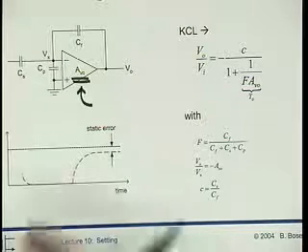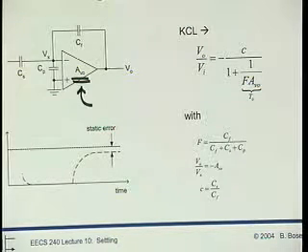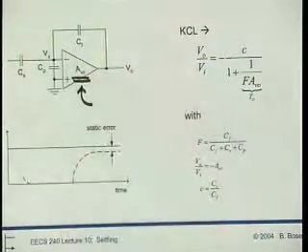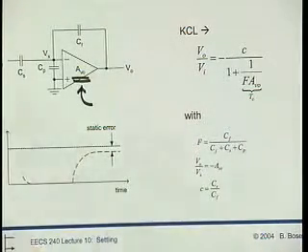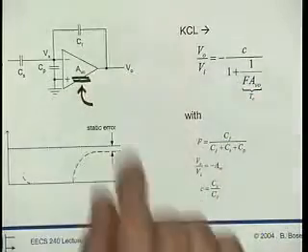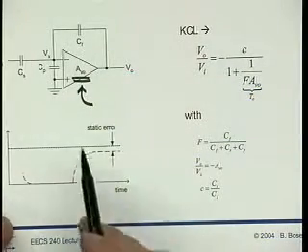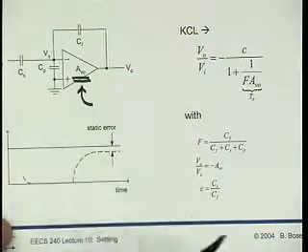Because here what matters is the large signal gain, Vout over Vi. It doesn't matter where we are biasing this away from large signal. So it's the large signal gain Vout over Vi that matters, not the small signal gain.